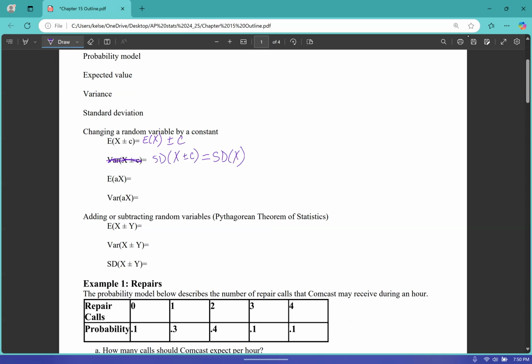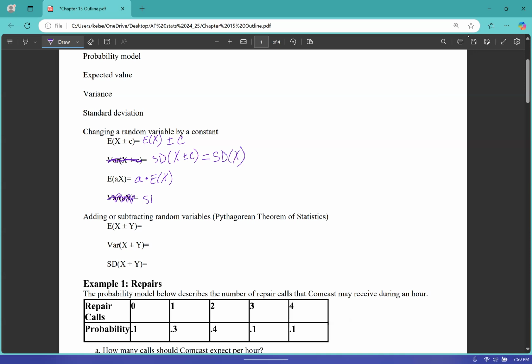All right, now for multiplying. If we have the expected value of some amount a times our variable x, the mean gets multiplied, so it's a times the expected value of x. And now standard deviation.